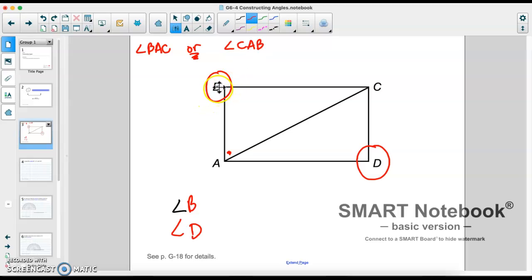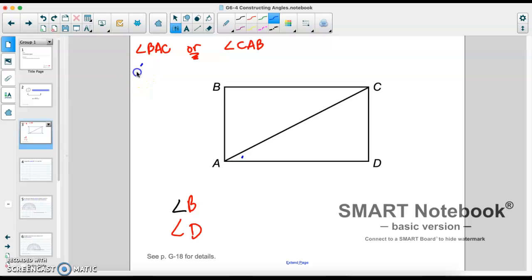So what I notice here is that I have to start on the end of one arm. So I can say here, here, and here. So BAC, or I can say that it's CAB. It still means this part of the angle. Okay, so that's one way to name that. Now, if I want to name, use a different color, let's say I want to name this part of the angle.